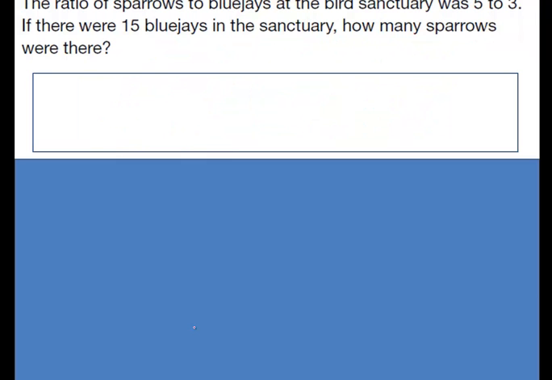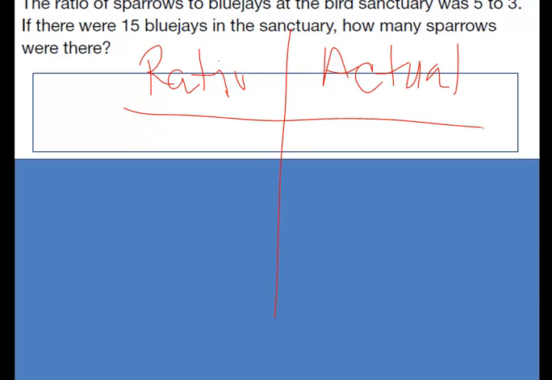Okay, so see if you can do this one. The ratio of sparrows to blue jays at the sanctuary is 5 to 3. So you've got ratio, and then you have actual. Let's fill in our boxes. All right. So sparrows and blue jays, and then you just look at sparrows comes first, so you know that's 5.